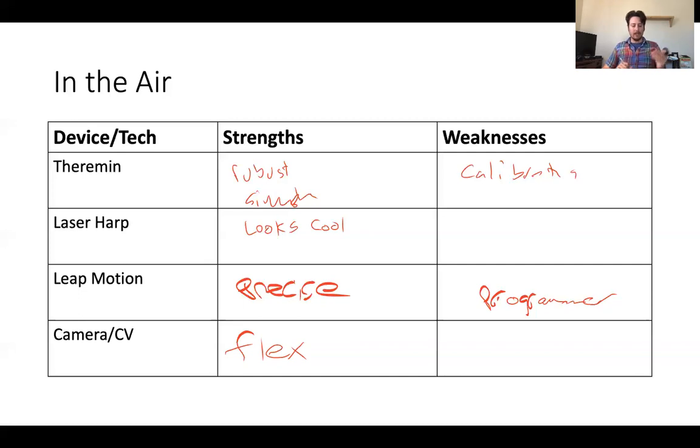The Leap Motion, the laser harp, there's some cost to it. The theremin is something you have to go buy, or if you're an engineer, you could build one out of circuits. All 3 of those things have a build cost. The camera is already in your device, which is a price point not trivial, but you've already bought that device. So ostensibly there's no extra financial cost for using a camera computer vision based tracking system.